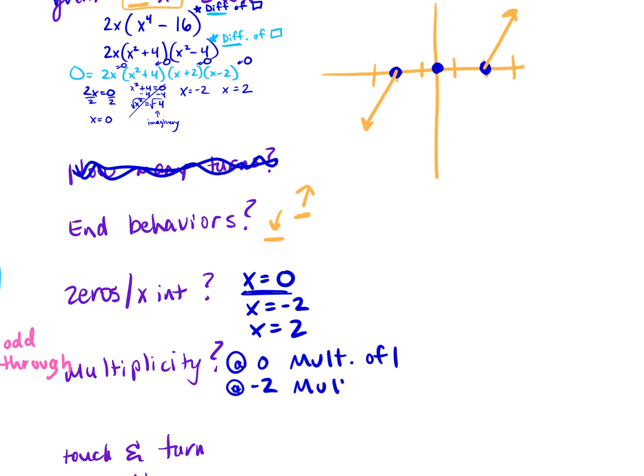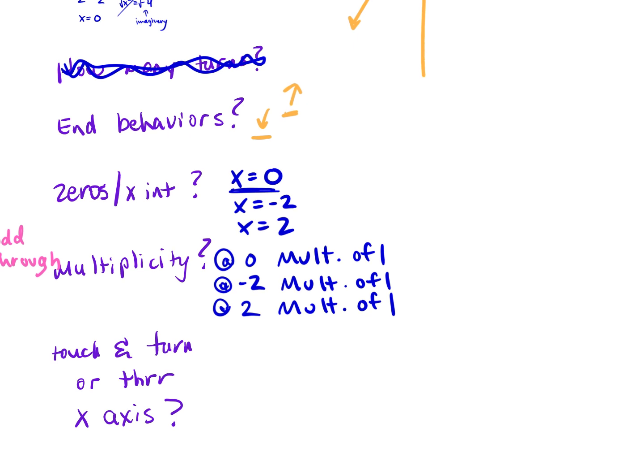So at negative 2, we have a multiplicity of 1. And then at positive 2, how many positive 2's do we have? Multiplicity of 1. So for our multiplicity, we're talking about how many of them that we had. So is 1 an even or odd number? 1 is an odd number.